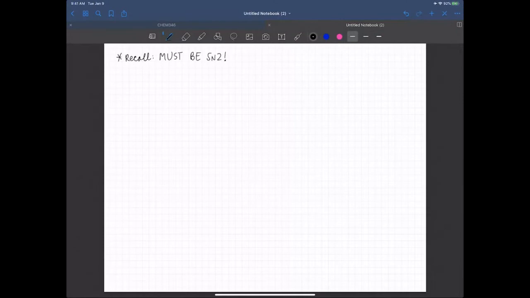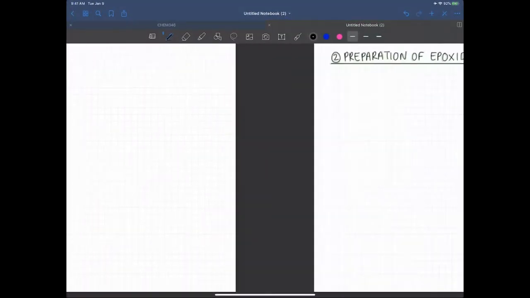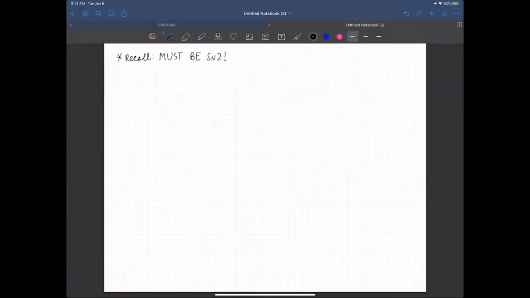One thing you really need to take into account is that this Williamson ether synthesis is an SN2 reaction mechanism. It proceeds via a backside attack. I hope you remember what that is.